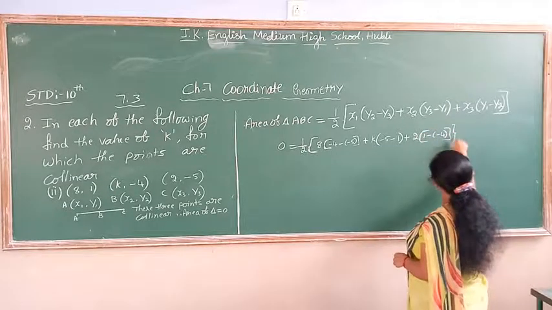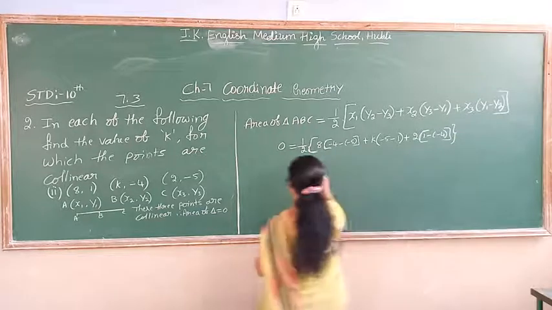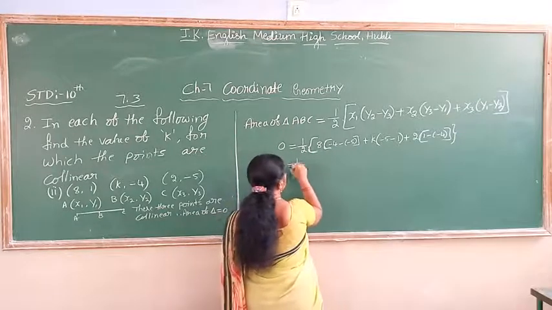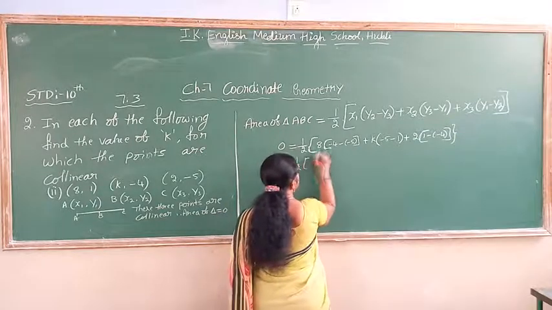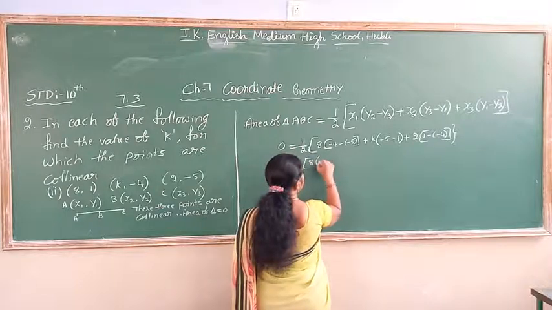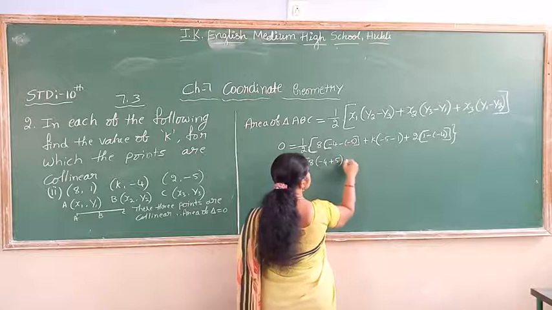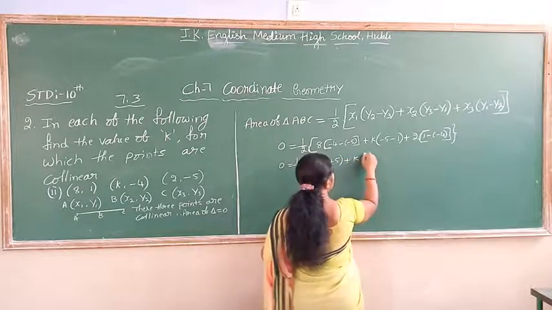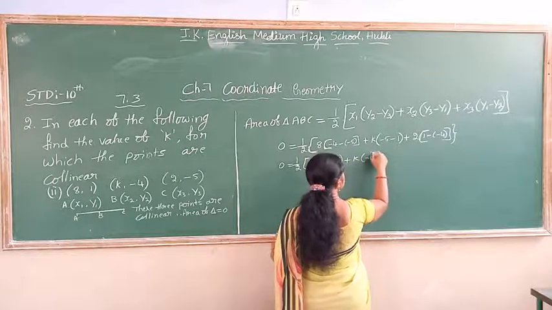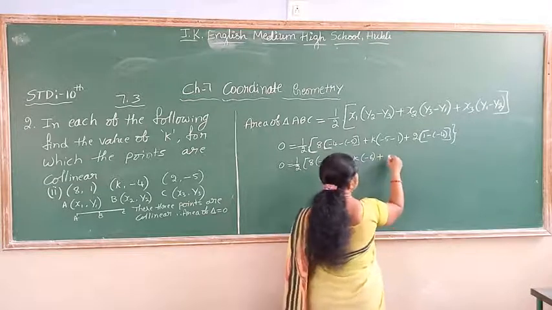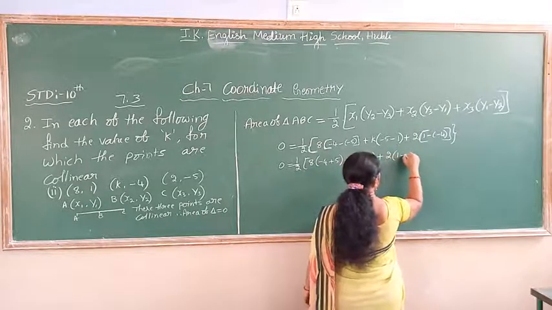Substitute and simplify now. So 0 is equal to half into 8 into (-4 plus 5) plus k into (-5 minus 1, which is -6) plus 2 into (1 plus 4).